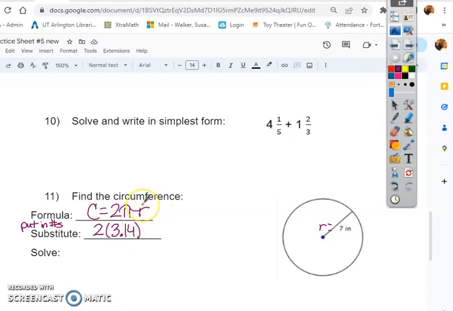And then radius is times 7. Okay. So your job is to multiply these all. Now, if you want to do 2 times 7, that's what I would do. 2 times 7 is 14, and then multiply 3.14 times 14.